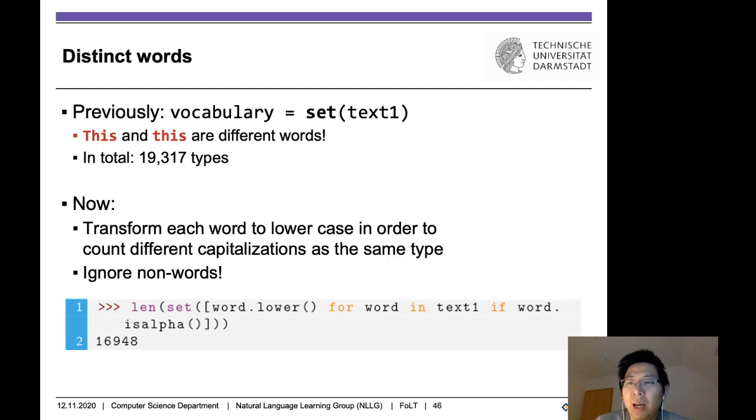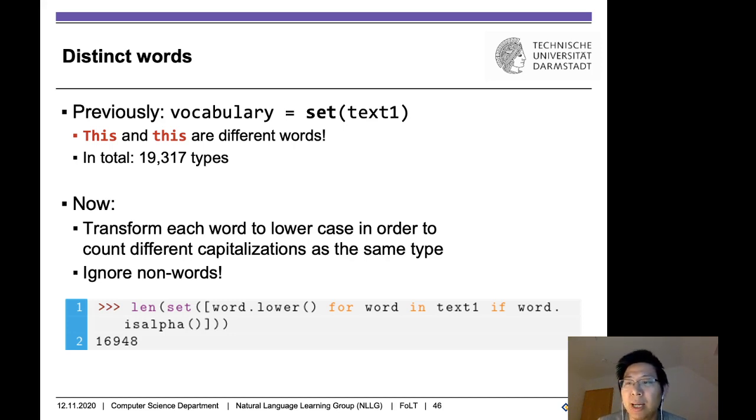Now we want to find a clean version of vocabularies, so we want to ignore the word cases and ignore numbers and punctuations. In Python, we can write everything in one line. First, we make iterations over a word in a given corpus. Then we lowercase everything.